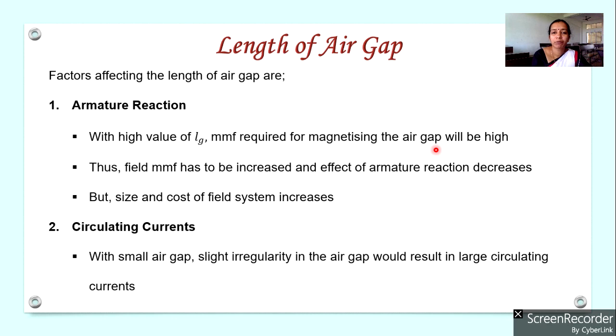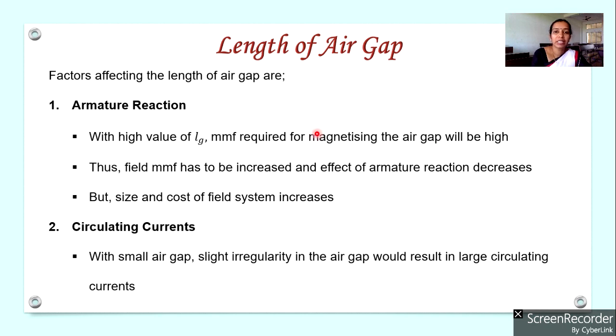So we know that the main field MMF is provided by the poles, and this main field MMF has to magnetize the air gap. Thereafter flux crosses the air gap and reaches the armature. So when the length of the air gap increases, the MMF required for magnetizing the air gap also increases.